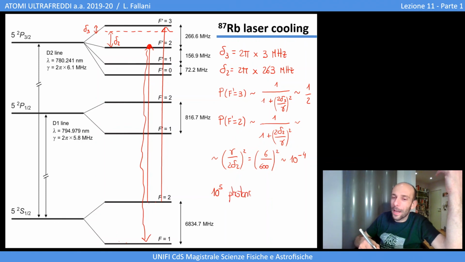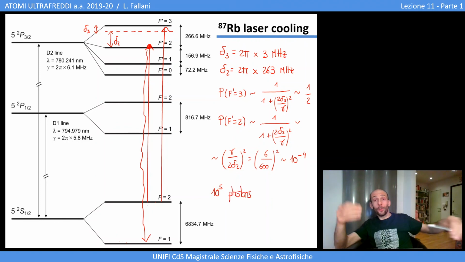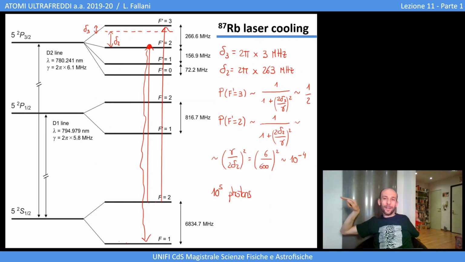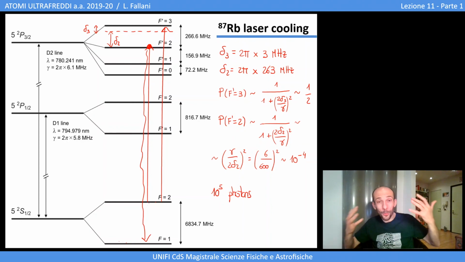This means, for example, if you want to scatter 10 to the 5 photons to decelerate an atom from room temperature velocity to basically the microkelvin region, you see that on average this atom will absorb 10 photons on the wrong transition. And since from this transition the probability to go to the dark state, F = 1, is on the order of 1, you can lose many atoms.